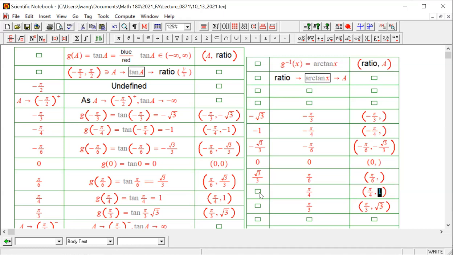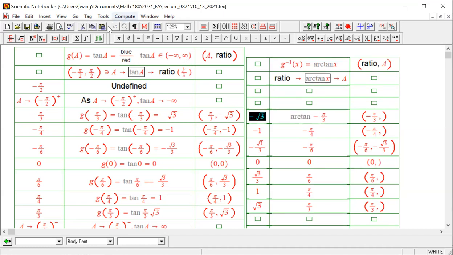And that's one, of course. Over here, what will make that output? Arctan of negative root 3 will make that input, and that's the output.